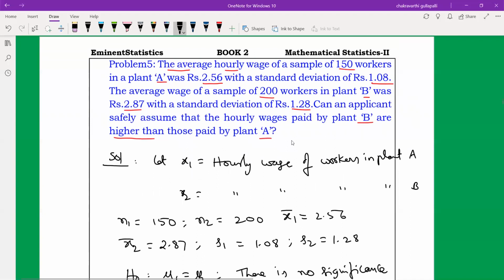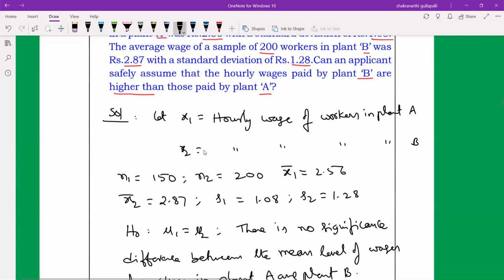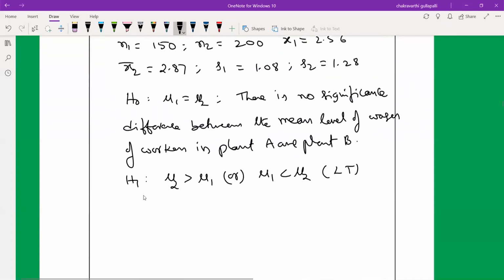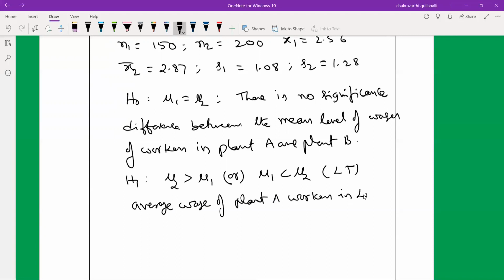Now write the statement here. The average wage of plant A workers is less than the average wage of plant B workers.